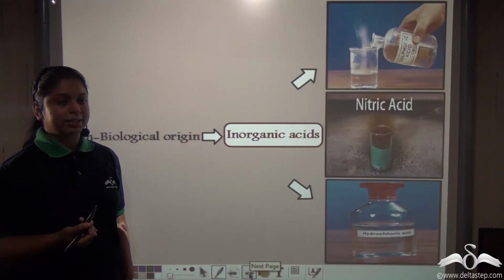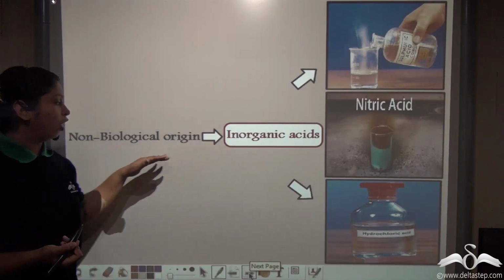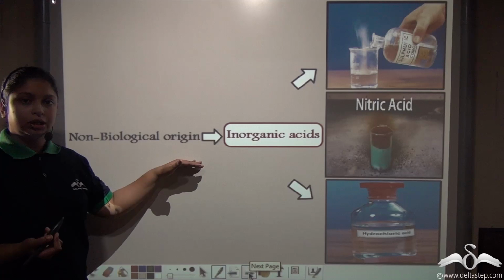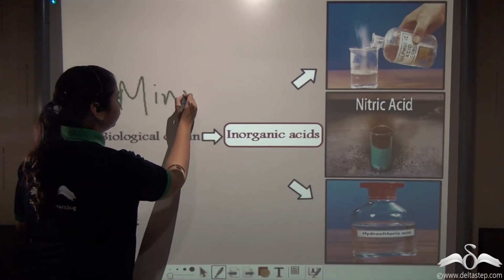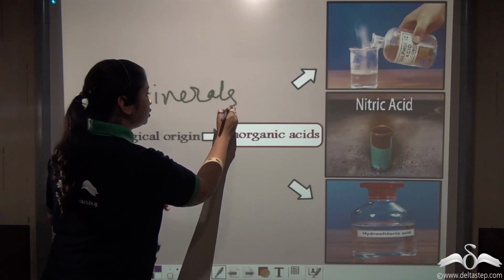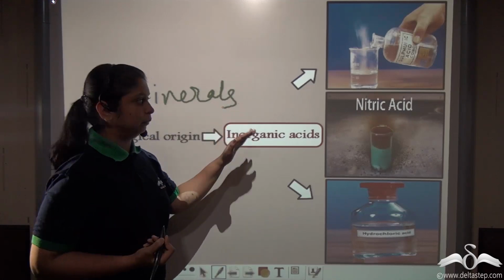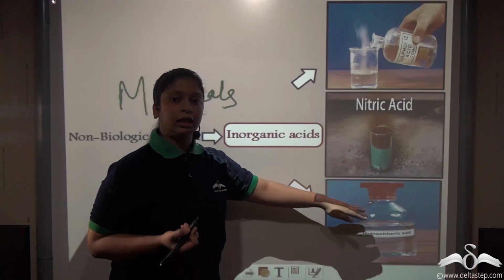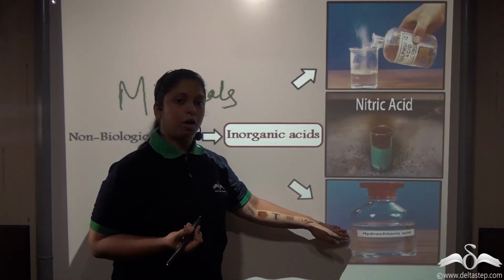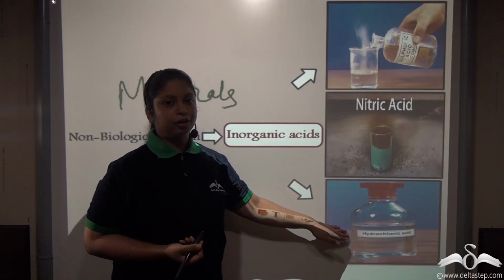The second type of acids are inorganic acids or non-biological origin, which are also obtained from minerals. So, also known as mineral acid. Examples are sulfuric acid, nitric acid, and the hydrochloric acid, which is also found inside the stomach of human beings.